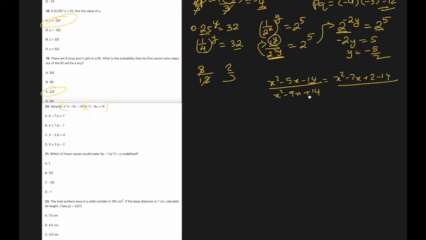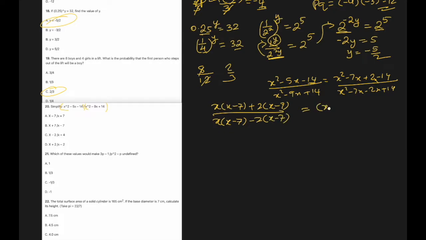This will become 14 again, so 7 and 2 again, but this time it is minus 9x we want. Here we wanted minus 5x, so it will be minus 7x minus 2x plus 14. Their multiplication is minus and plus 14 respectively. Alright, so x (x minus 7) plus 2 (x minus 7) is the numerator. x (x minus 7) minus 2 (x minus 7).